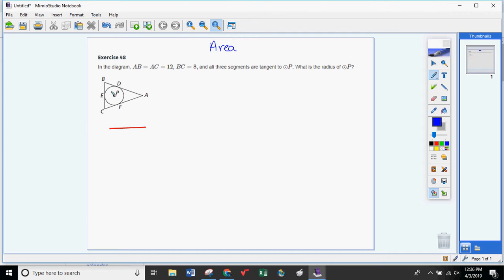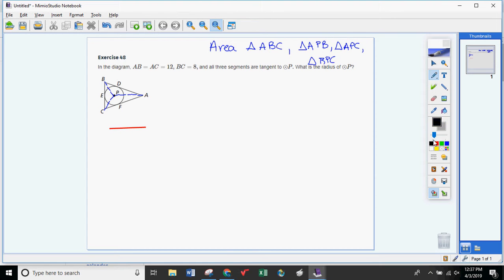Okay? So the first thing the book does, it's going to find the area of triangle ABC. Then it's going to find the area of all the triangles that are formed when you join each of the vertices to the endpoints. So then we're going to find the area of triangle APB, the triangle of APC, and the triangle of BPC.